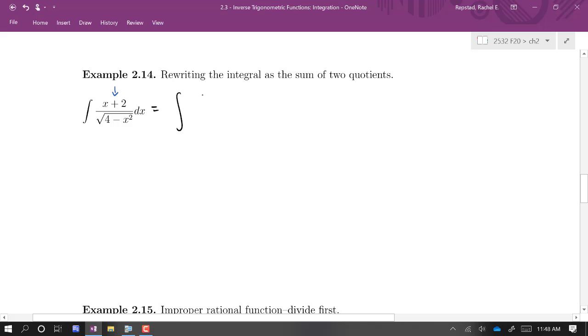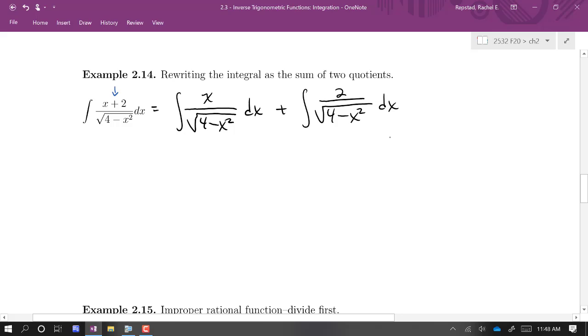So that'll be x over the square root of 4 minus x squared dx plus 2 over the square root of 4 minus x squared dx.